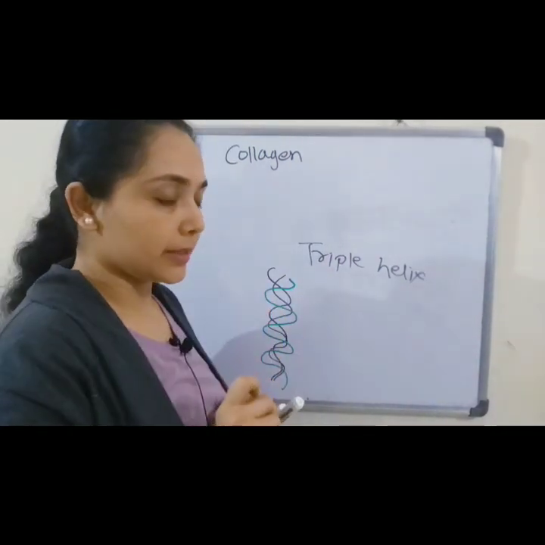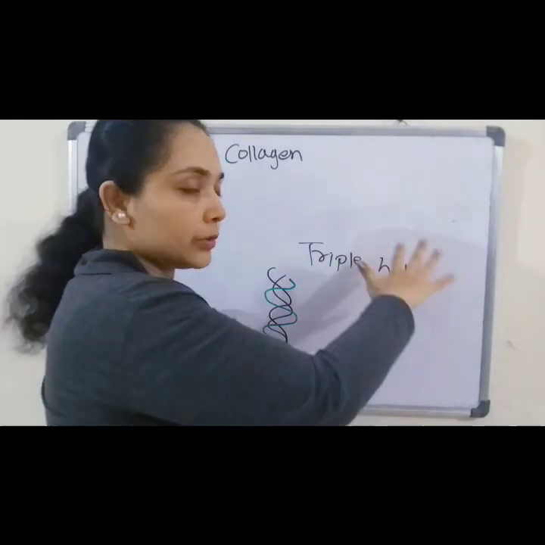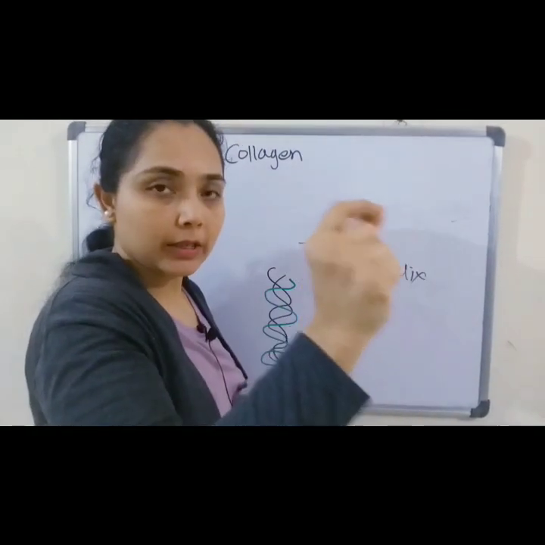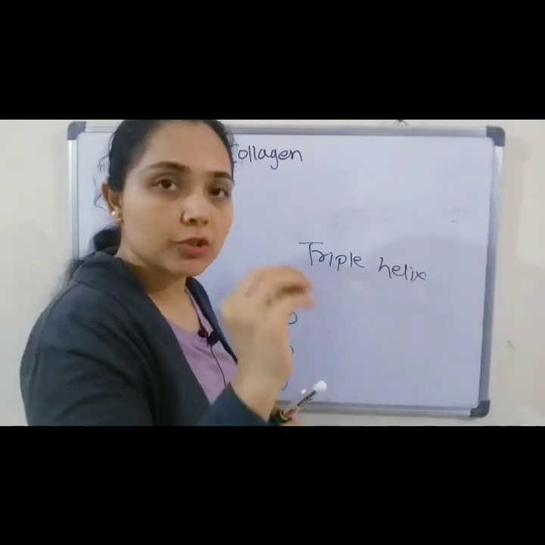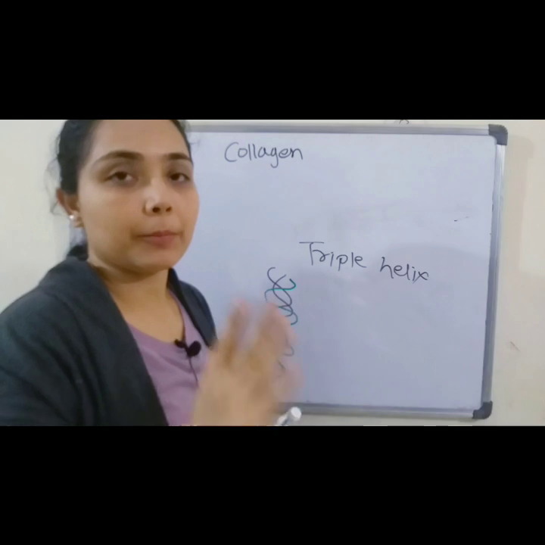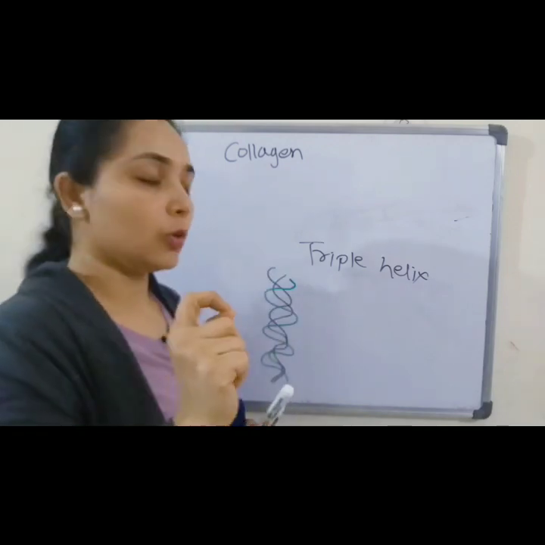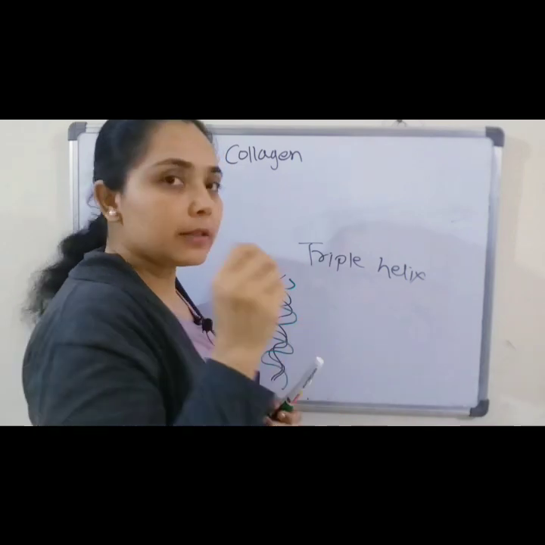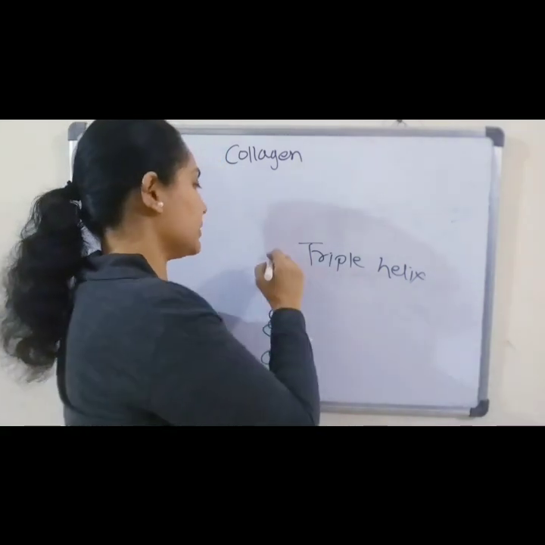Three polypeptide chains. We just discussed that type 1 is the most common type of collagen present in the body, almost 90% of the collagens. So let us take the example of type 1 collagen. In type 1 collagen, two polypeptide chains are similar in chemical composition. These are known as alpha 1, meaning two alpha 1 chains.